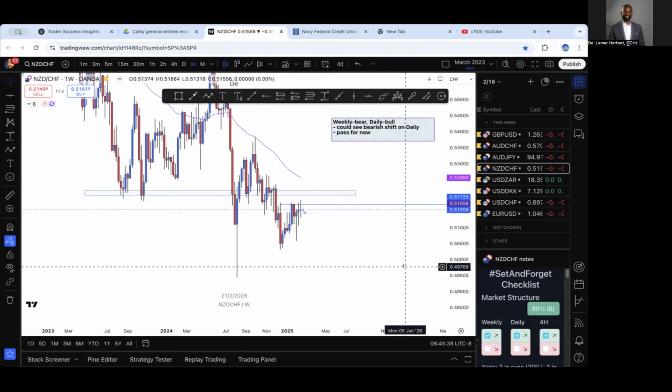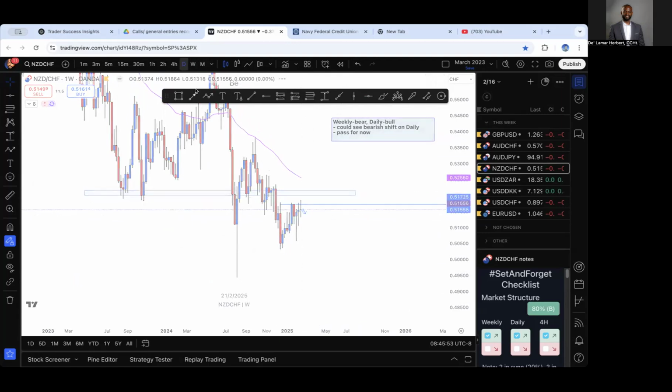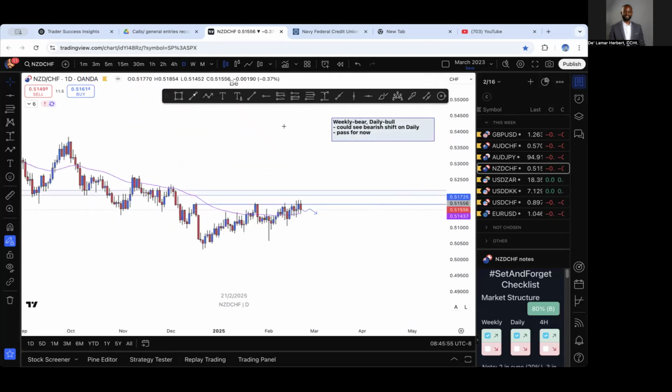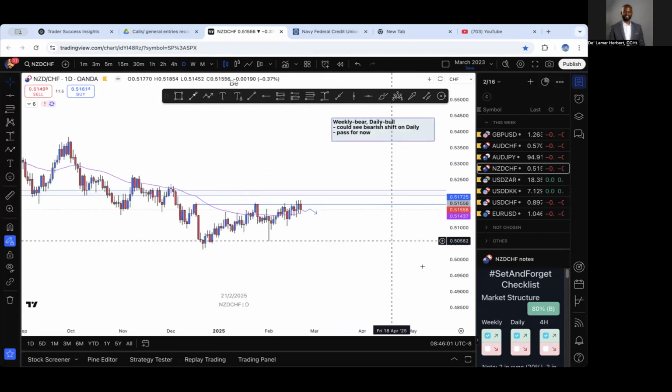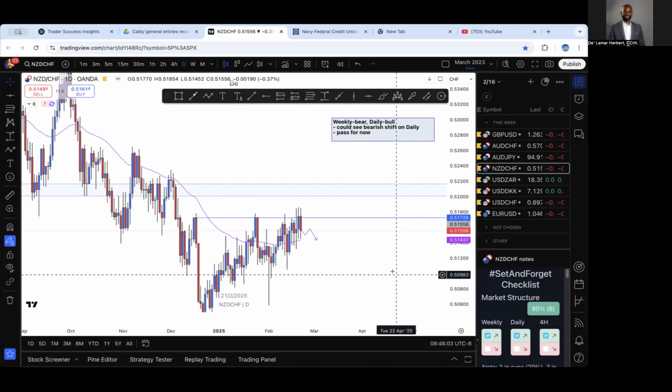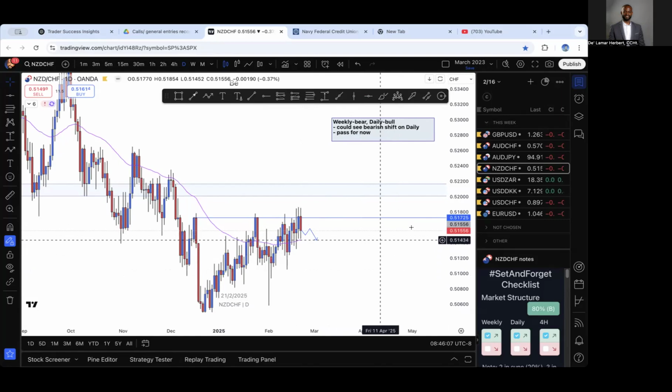Okay, NZD CHF. Weekly is bearish, right? Yeah. Price is on its way. Looks like it's in the middle. Technically, weekly is still bearish, even though it's on its way. Daily is bullish, not in sync. It looks like it's making its pullback right now.